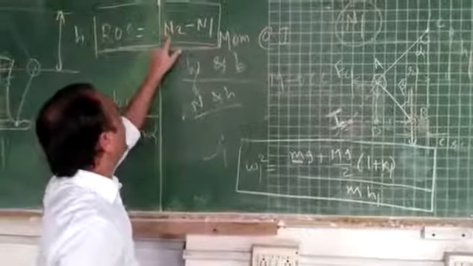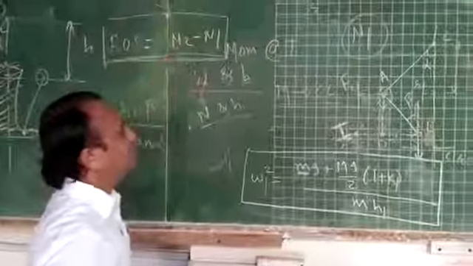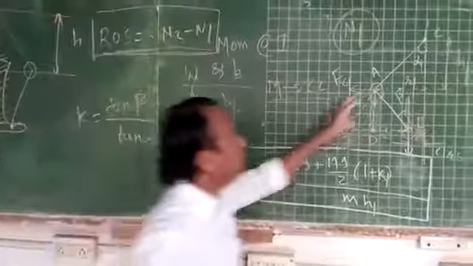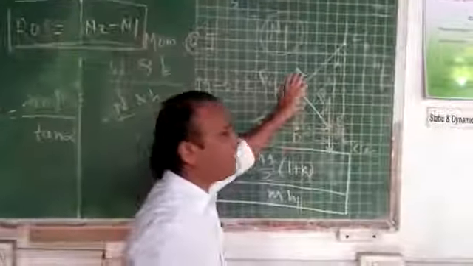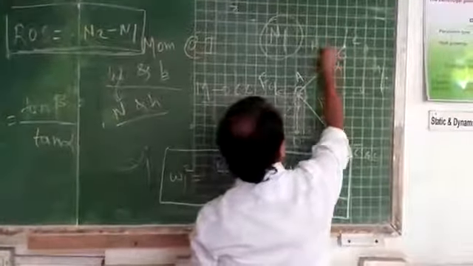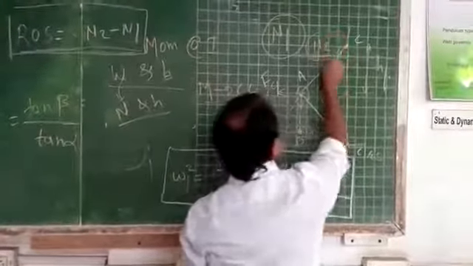Similarly calculate n2, that is, the position of links is such that the governor executes maximum speed, n2.